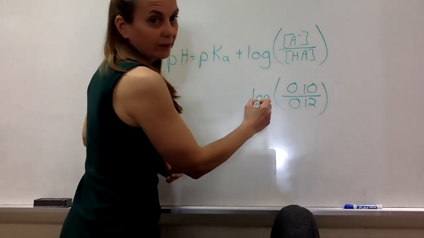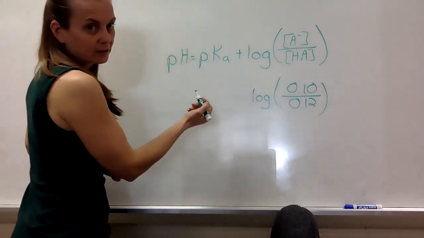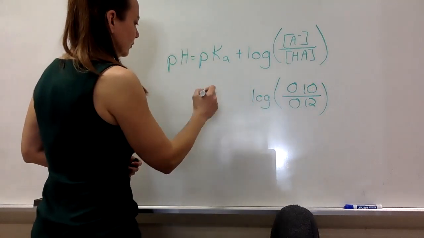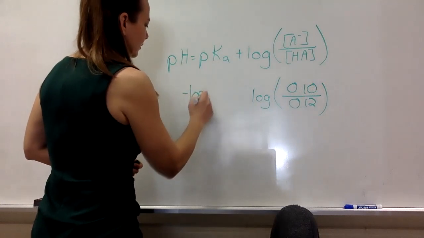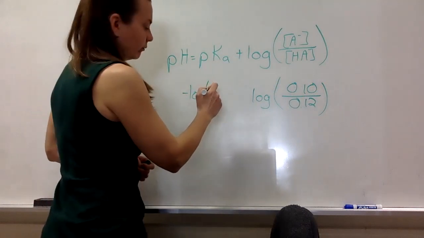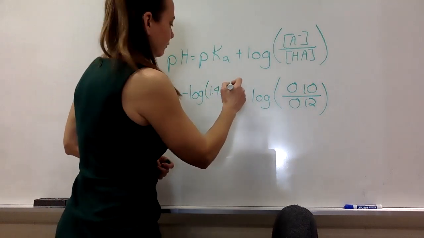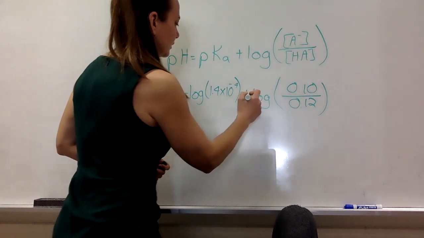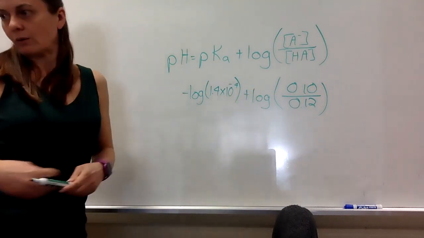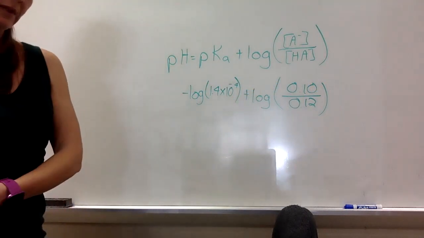And we know that the Ka for lactic acid is 1.4 times 10 to the negative 4th. So we're going to have negative log of 1.4 times 10 to the negative 4th plus that. So grab a calculator quickly.